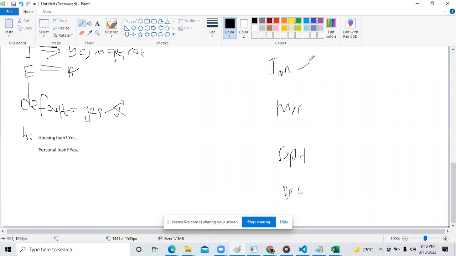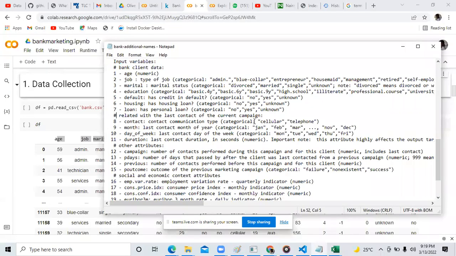So banks do campaigns. It could be an email campaign, a text message campaign, or a direct phone call. Alpha, now come and deposit money. Alpha, come and let's give you a credit card, let's give you this, let's give you that, right? So that's what this data set is telling us, that it's related to the last contact of the current campaign.